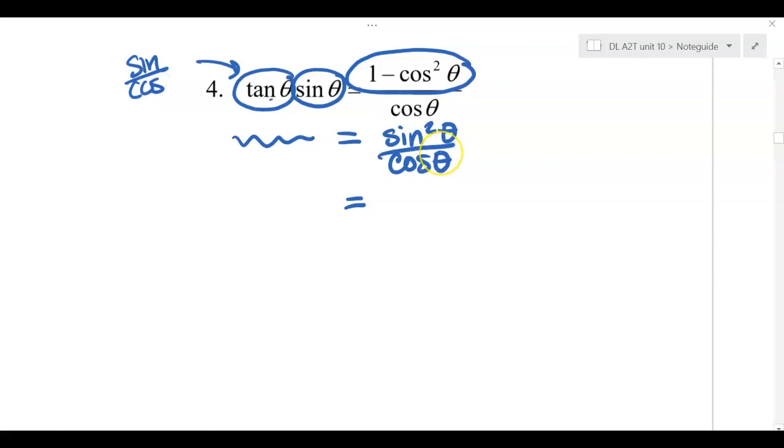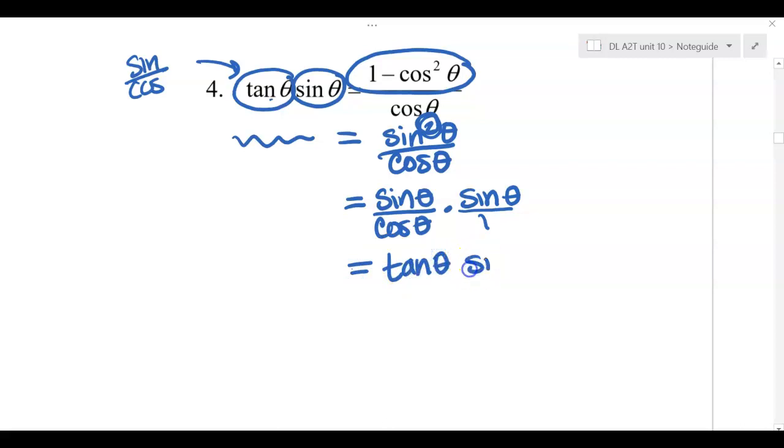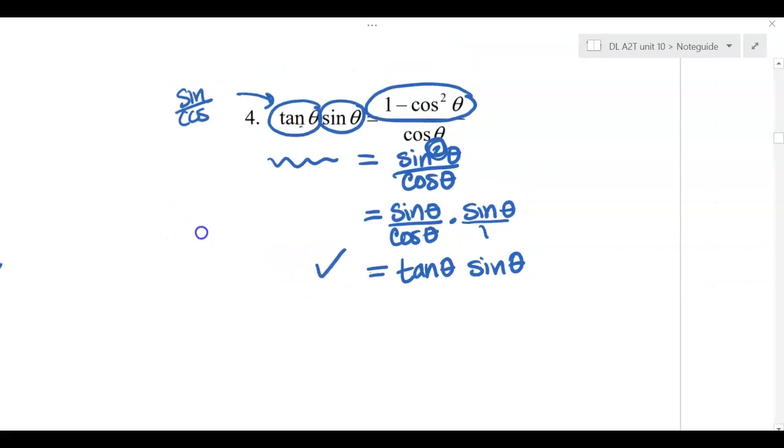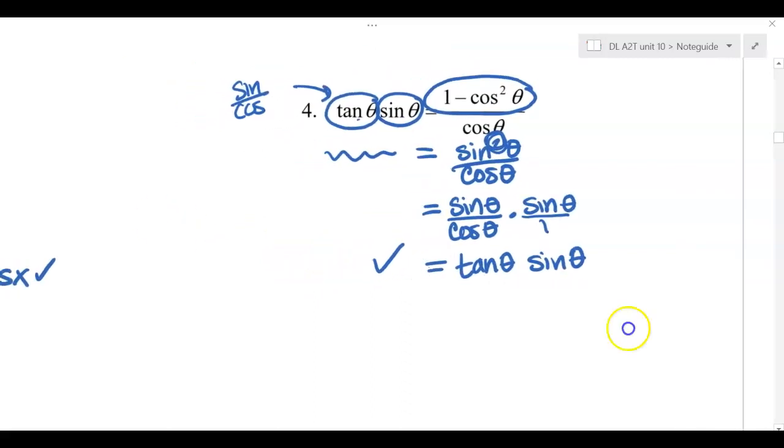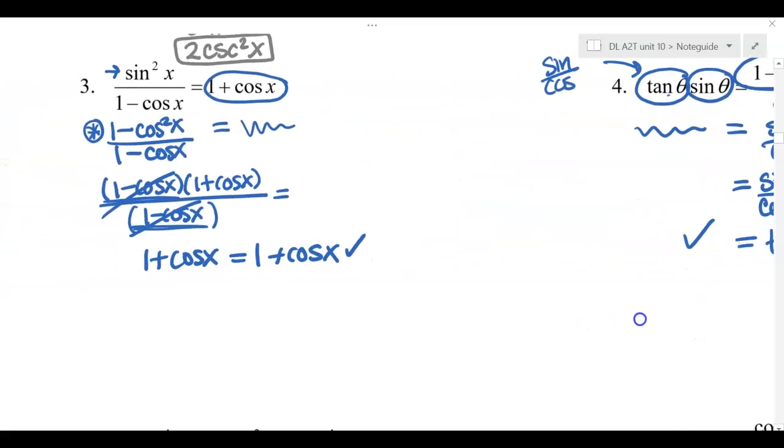If I split my fraction up a little bit right now, I can have that. So rather than keeping sine squared right here, I'm going to think of it as sine over cosine, which means I've used one of these and the cosine, times just sine. And that would give me sine squared in the numerator and cosine in the denominator, but then it's really clear that that is the same thing as tangent theta times sine theta. And again, I'm just trying to get you guys some ideas of things you can do.